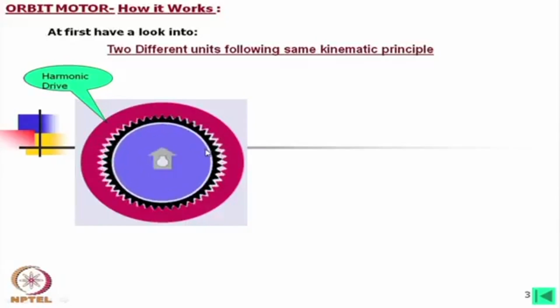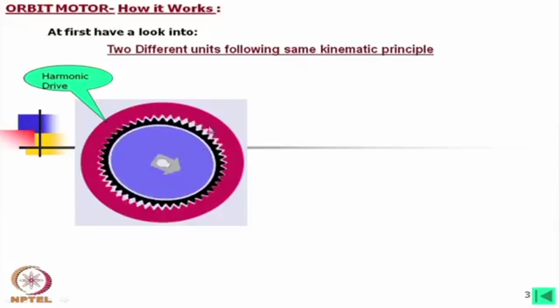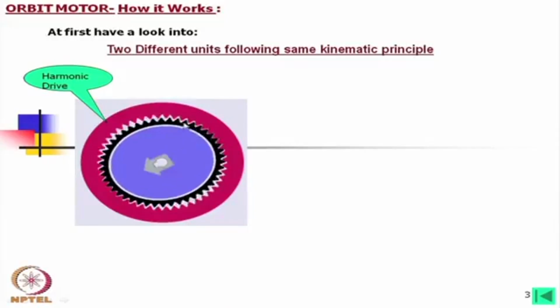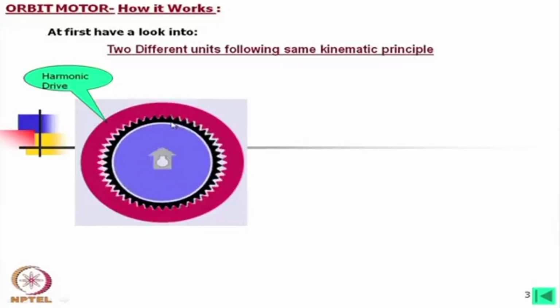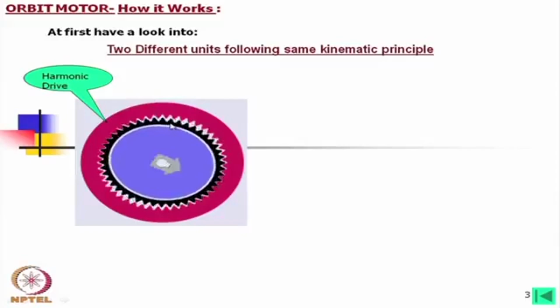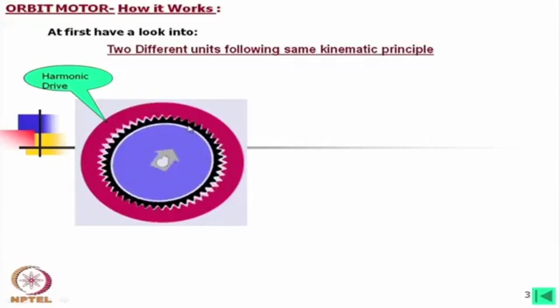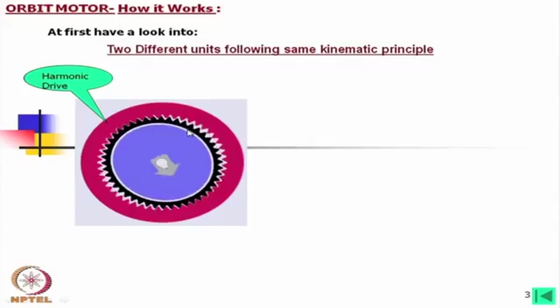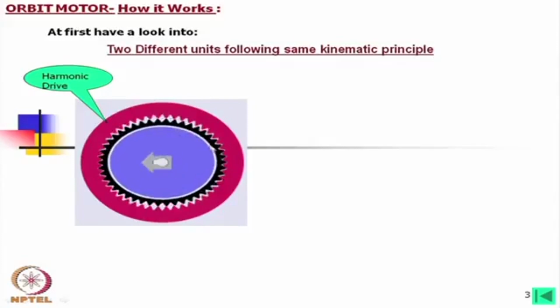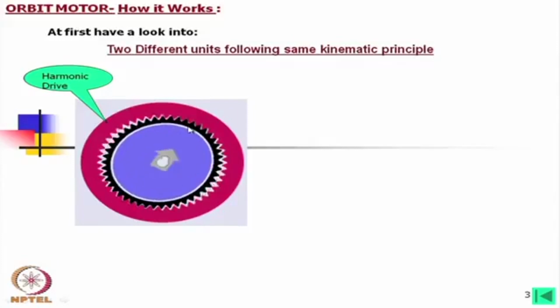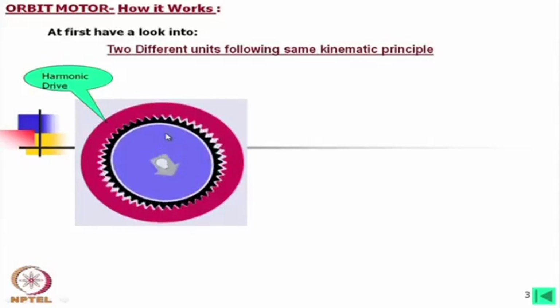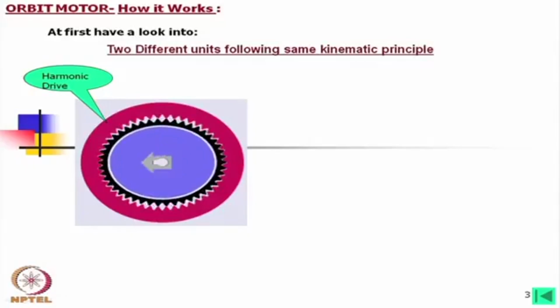In turn, it is transmitting very high torque. The ratio is nothing but the teeth number in the flex gear divided by the difference of the teeth, in this case 2, and suppose there are 100 teeth on the flex gear, then in a single stage we get a reduction of 50.